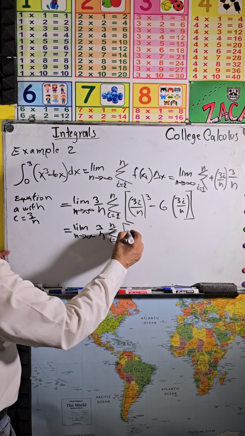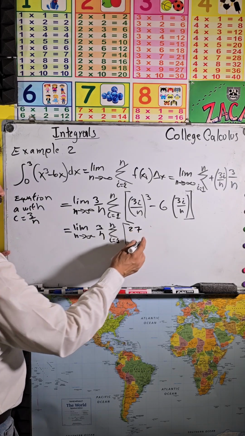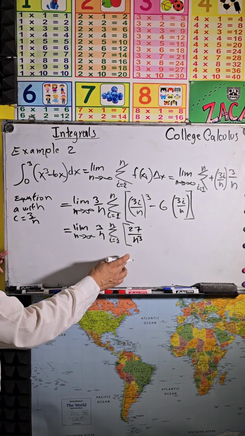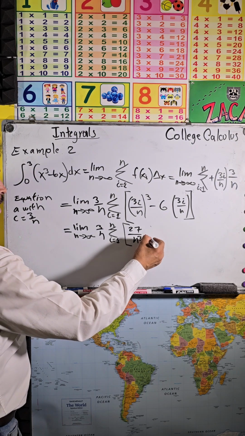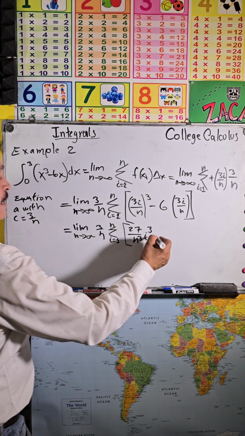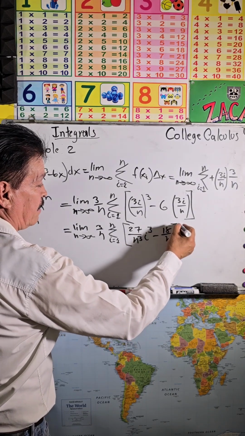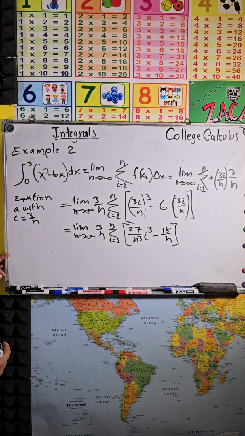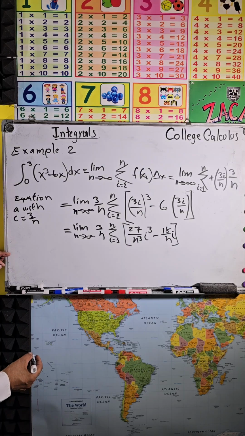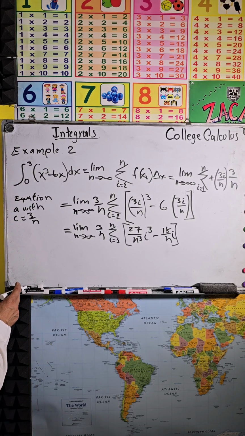So here we will have 27 divided by n to the third power times i to the third power, minus 18 divided by n. Right? Here is i, also i, both i, right there.